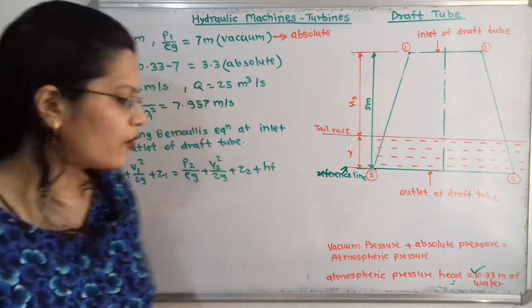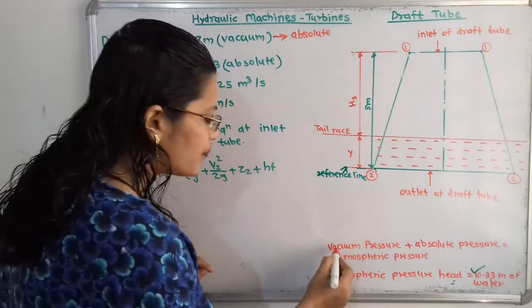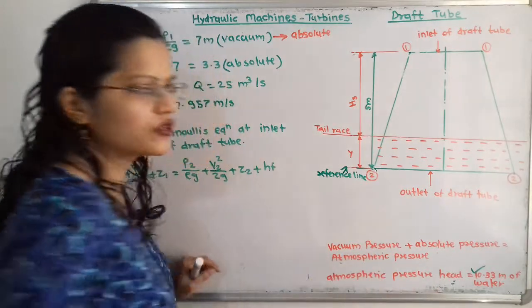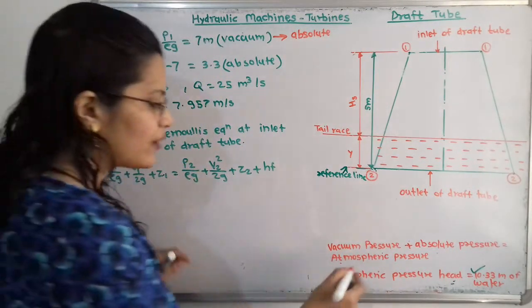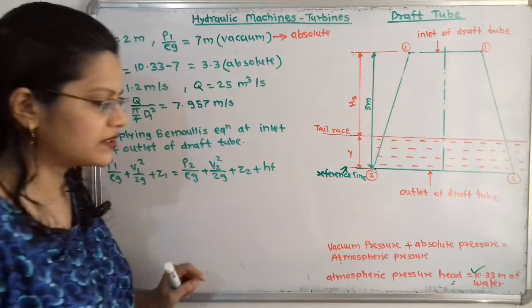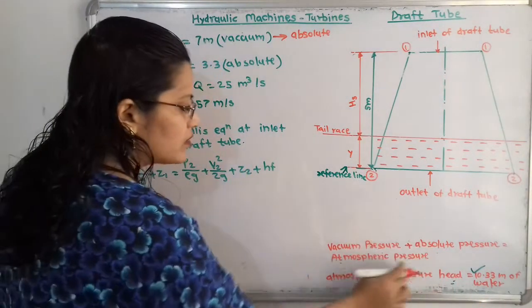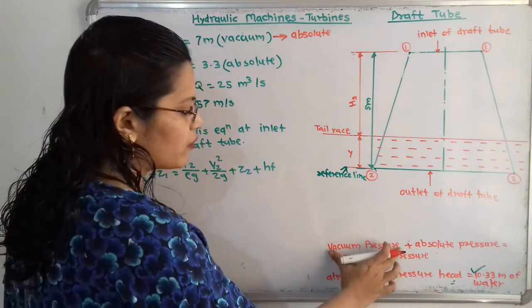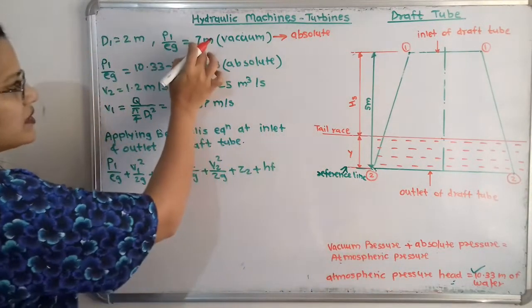So how to convert that? So we have one formula. So here is the formula: vacuum pressure plus absolute pressure is equal to atmospheric pressure. Now this atmospheric pressure is given, that is 10.33 meter. So if I put the value in this equation, then what is happening? We have vacuum pressure. So vacuum pressure is 7 meter.